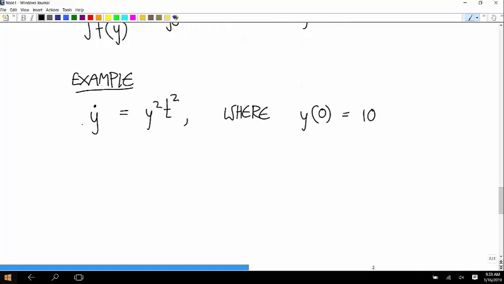Has anyone seen that dot notation before? Do you know what that means? Anytime you see a dot, that's just a first derivative of that variable with respect to time. So dot always means time. We're going to use that all the time in this class because the main independent variable we're going to use is time.